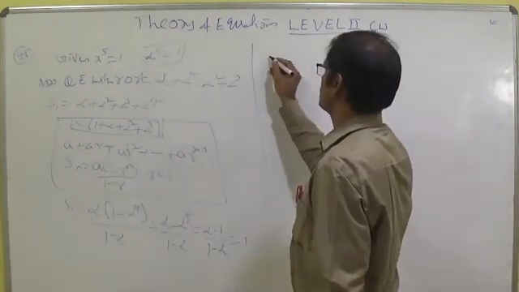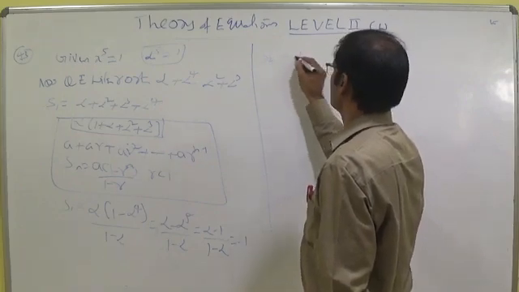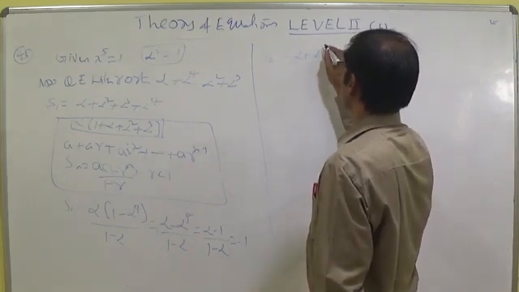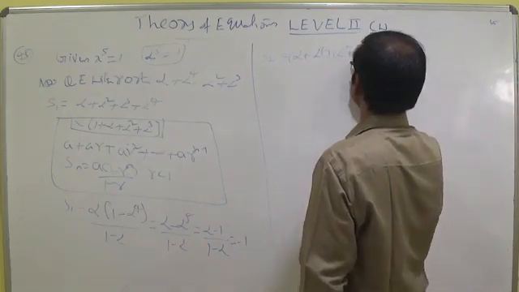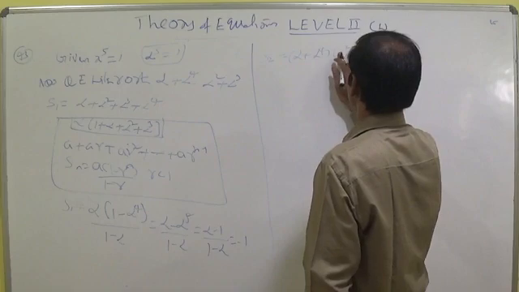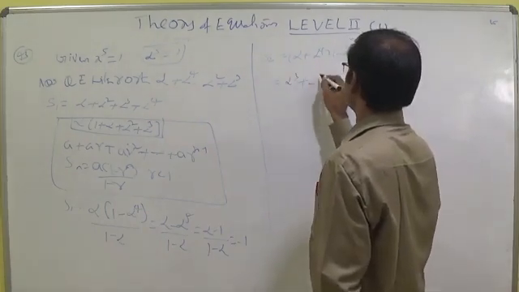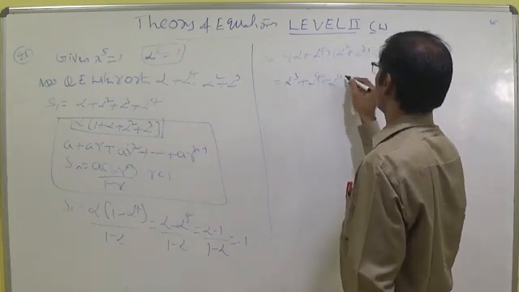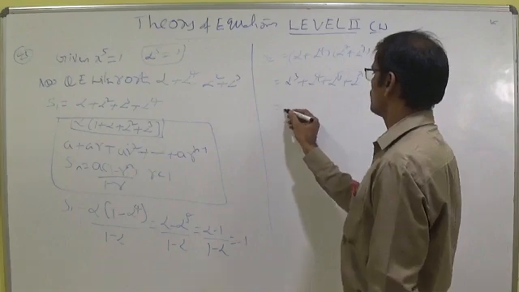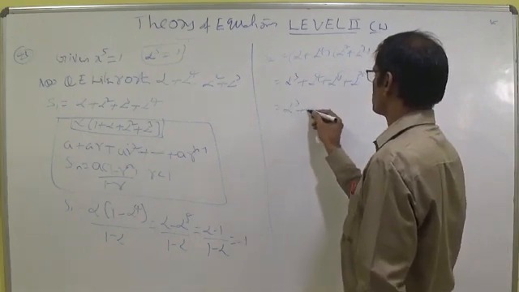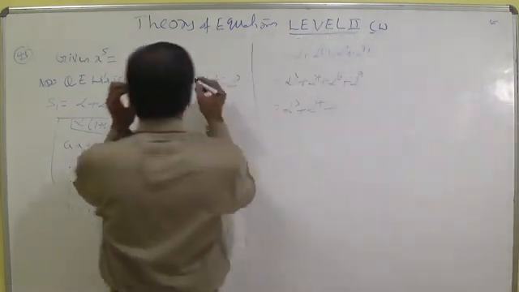Now S2, for a quadratic equation, is the product of roots. So write alpha plus alpha power 4 into alpha square plus alpha cube. Multiply. Here you can write alpha cube plus alpha power 4 plus alpha power 6 plus alpha power 7. Students, alpha power 5 is equal to 1.